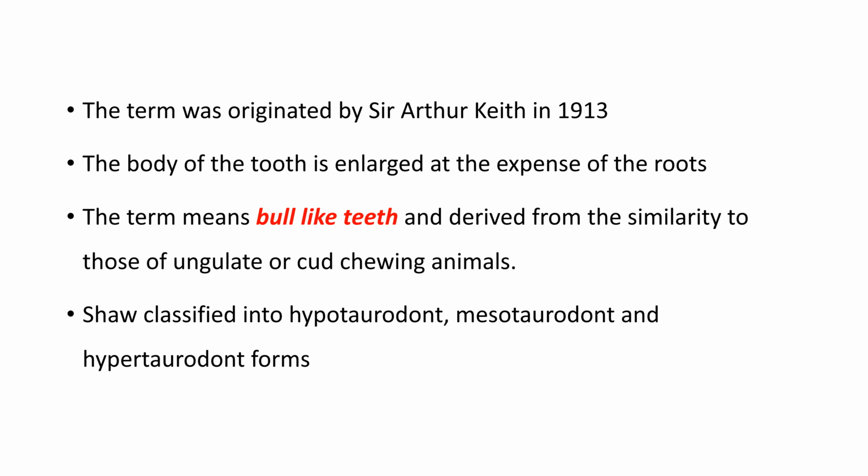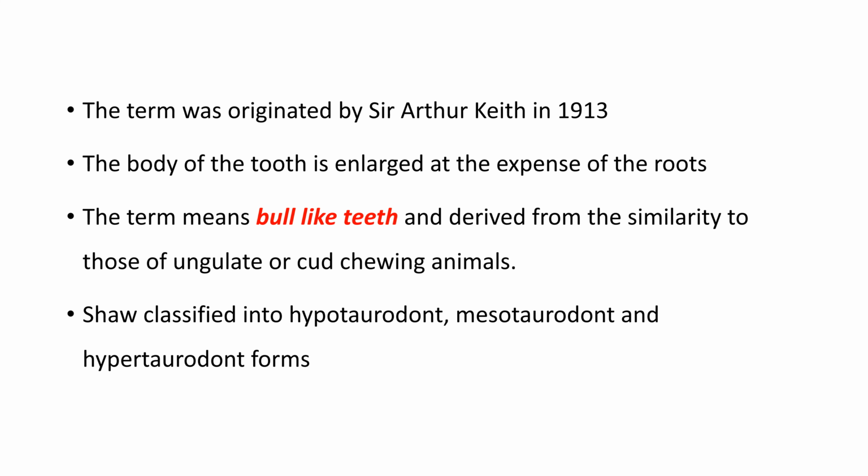The term taurodontism means bull-like tooth. Tauro means bull, dont means teeth, and it is derived from the similarity of these teeth to those of ungulate or cud-chewing animals.